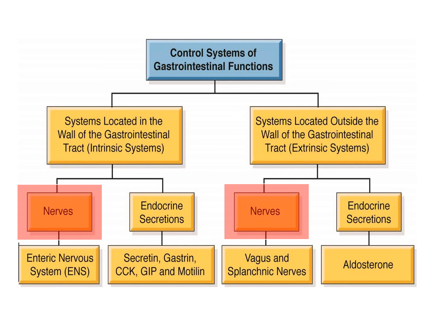Each one of these systems consists of nerves and endocrine secretions. The nerves for the intrinsic control system are the enteric nervous system as well as the interstitial cells of Cajal. I want you to remember that ICCs, or the interstitial cells of Cajal, are not neurons.